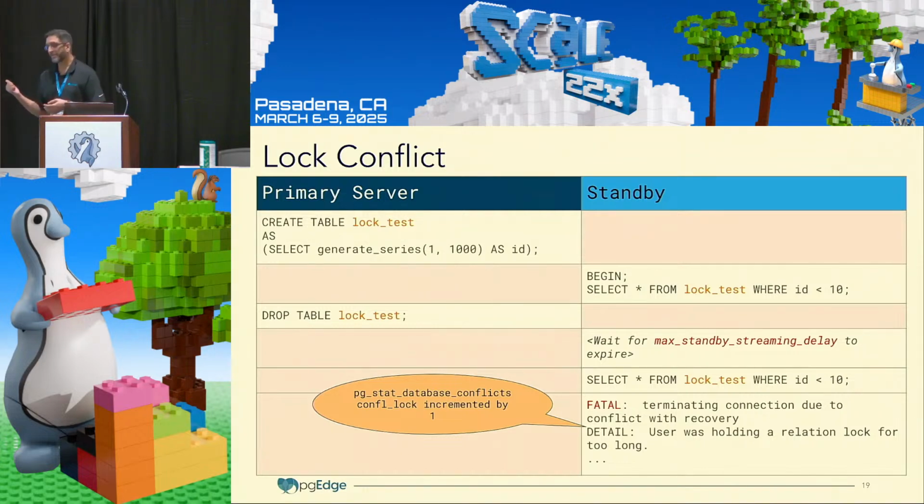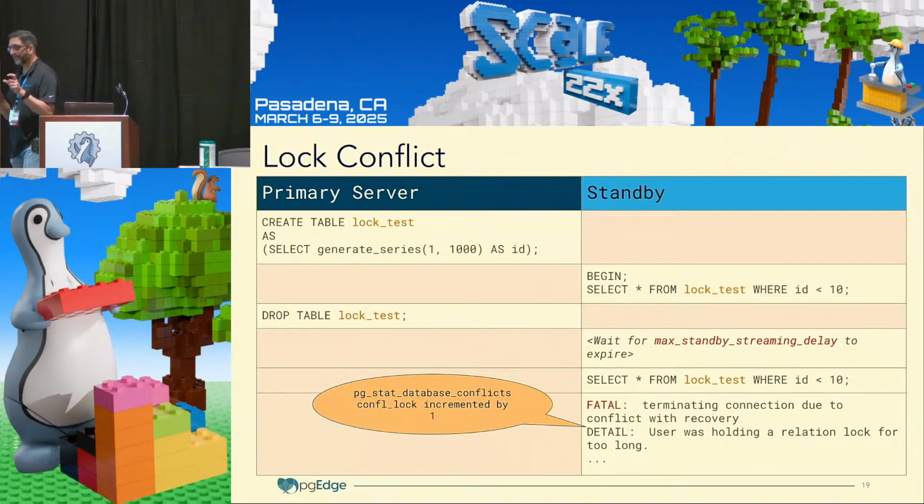Now, what happens is that in streaming replication, you have a WAL receiver process. The WAL receiver process has a core responsibility of ensuring that it's not lagging too far behind in the WAL stream. So it needs to receive those changes and get them applied. It cannot wait for other transactions forever, so it obviously takes priority over other transactions.